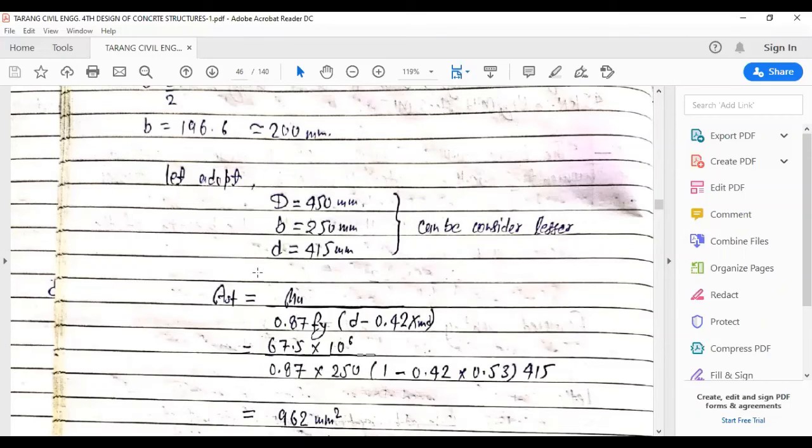This formula is given in the code, as we have been using it in previous lectures as well, which says area of steel is given by ultimate moment divided by 0.87 yield stress of steel multiplied by Z, and this expression is xm into d.